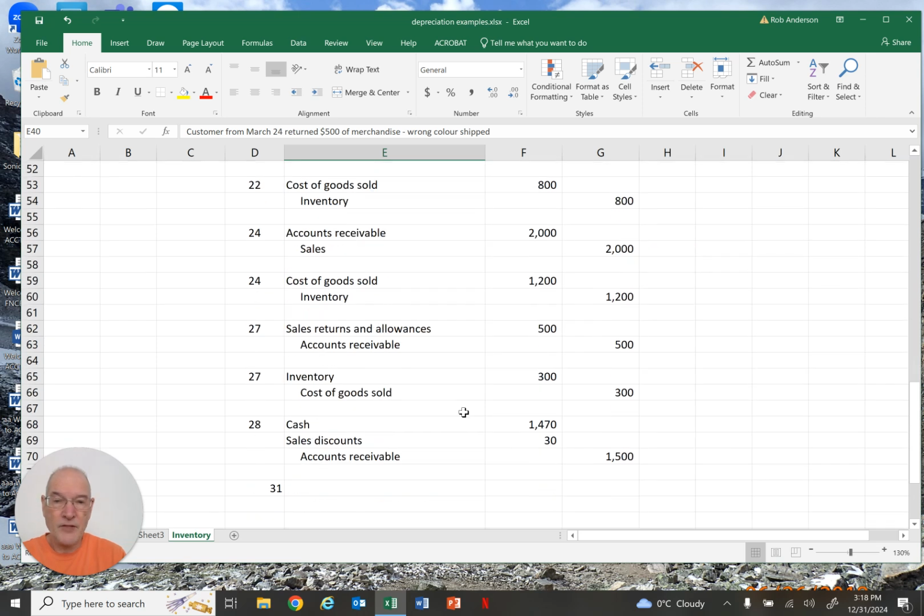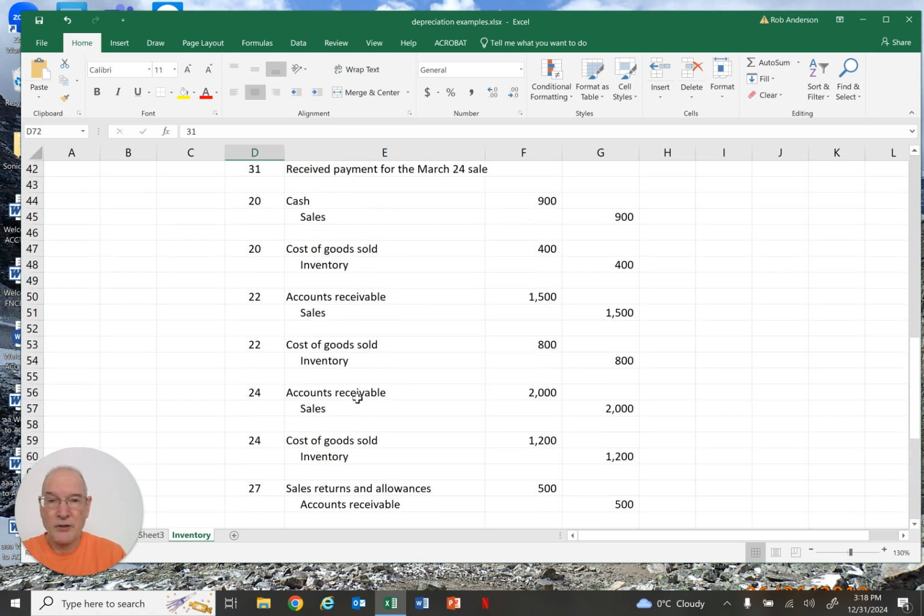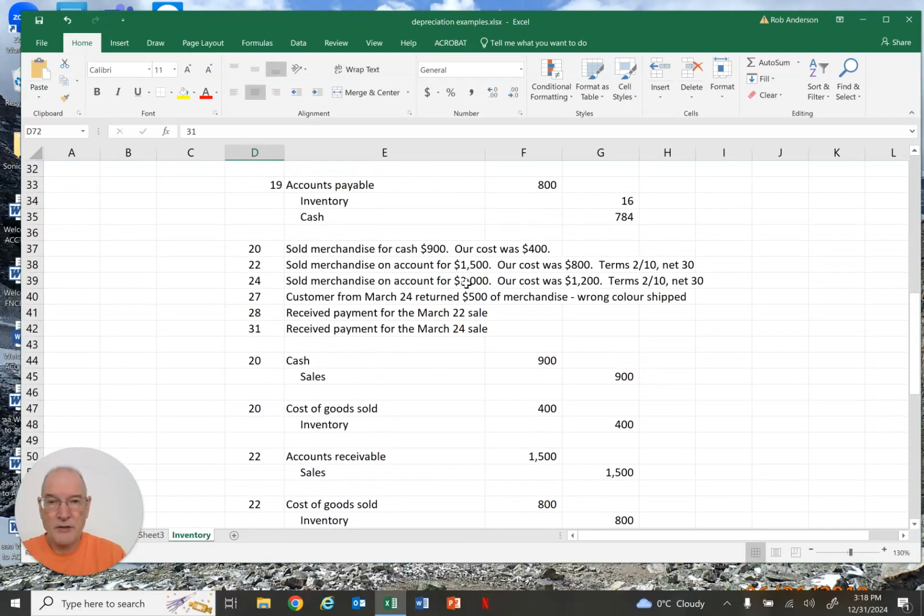So very similar to the other customer, they actually have an accounts receivable balance of $1,500, right? The $2,000 sale minus the $500 return.